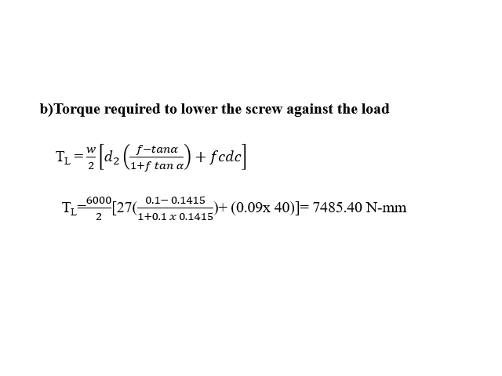Now coming to the torque required to lower the screw against the load, given by TL is equal to W by 2 D2 into f minus tan alpha divided by 1 plus f tan alpha, plus fc Dc. If you substitute all the values, W is equal to 6000, f is equal to 0.1, D2 is equal to 27, tan alpha is equal to 0.1415, fc is equal to 0.09, Dc is equal to 40, then you get an answer of 7485.40 Newton meter of torque required to lower the screw against the load.